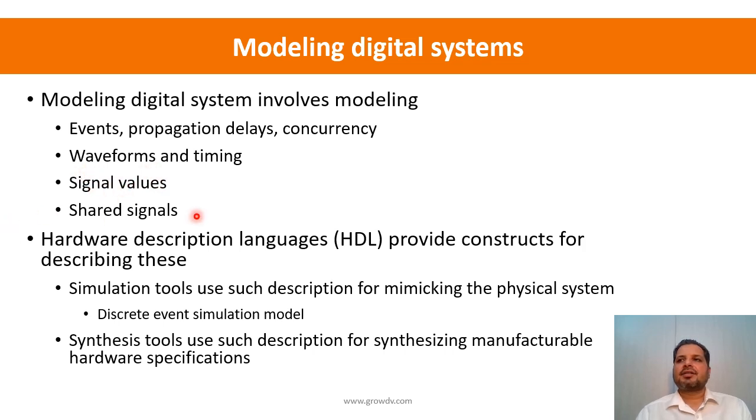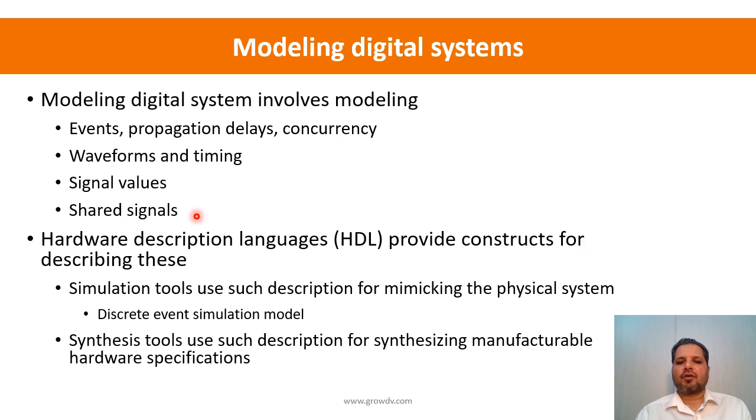And then you have shared signals. You could have a bidirectional bus at the simplest level, or a wired-OR or wired-AND type of network which needs to be modeled. Although I'm not seeing the shared bus concept that much in real usage, it does exist, maybe still at the board level.